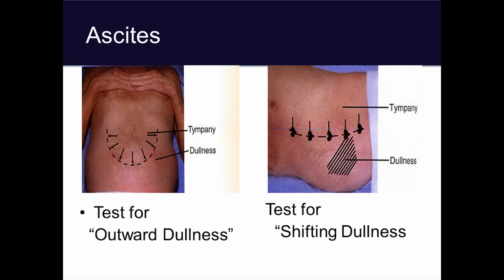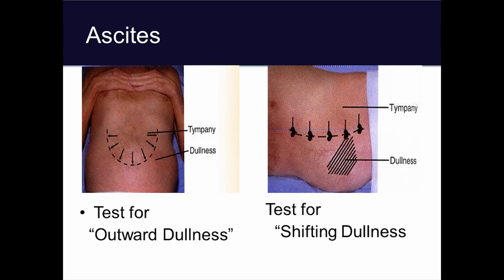So the gas-filled loops of bowel would be up at the center where it says tympany, and the fluid sort of rests in the flank area and the lower part of the abdomen. That's where you would get dullness. The gas-filled loops of bowel like to really float to the top. So that accounts for the tympany up in the center of the abdomen.